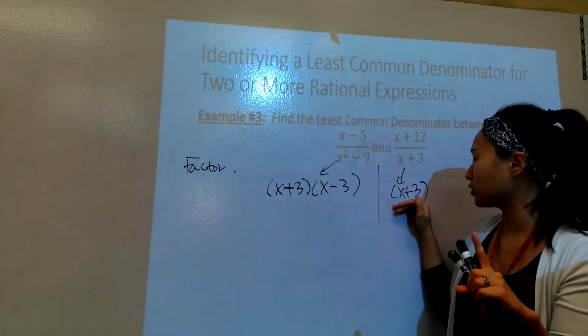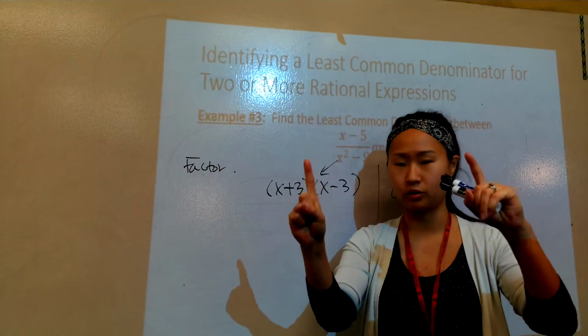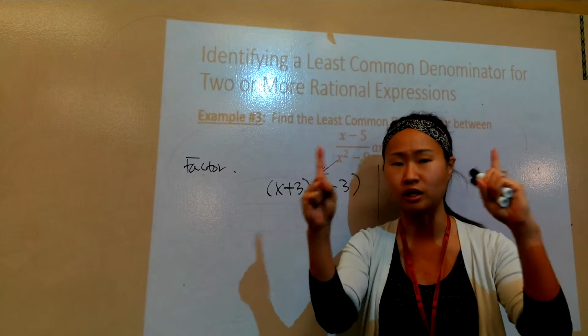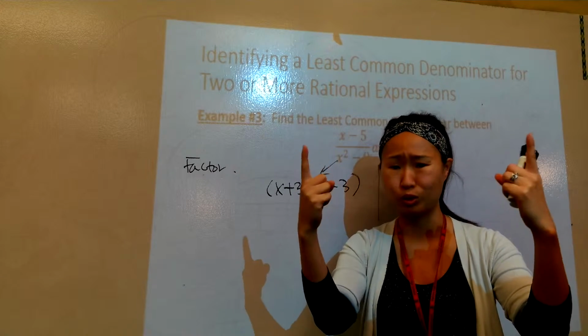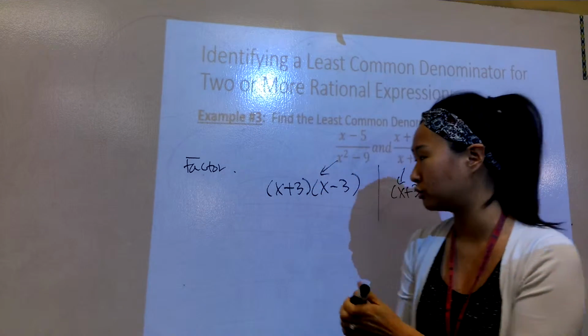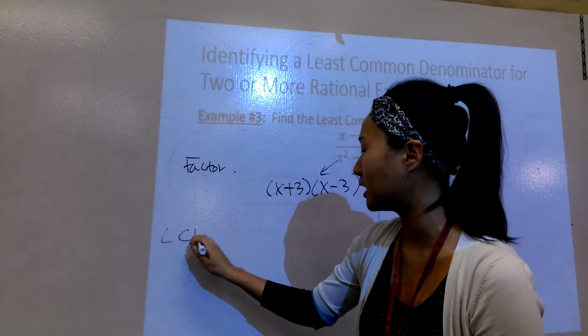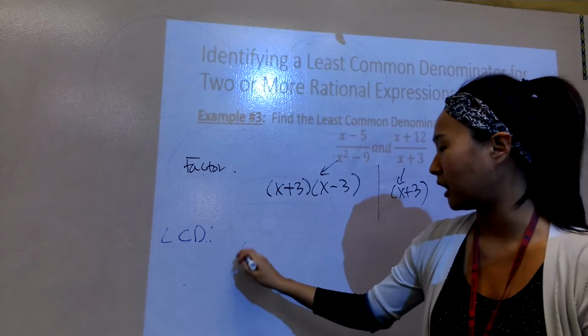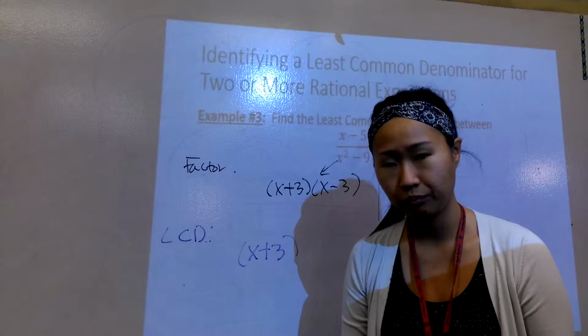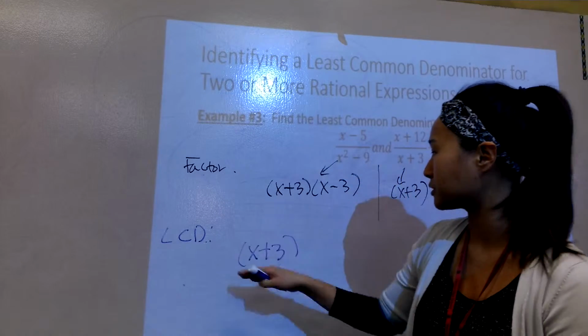From the second rational expression, I have 1 x plus 3. So I have 1 versus 1, and I want to take the most from either one of them. Which one wins? 1 versus 1, 1 is going to win. So to find the least common denominator, I'm going to have 1 of x plus 3. Okay, so we're done with x plus 3.